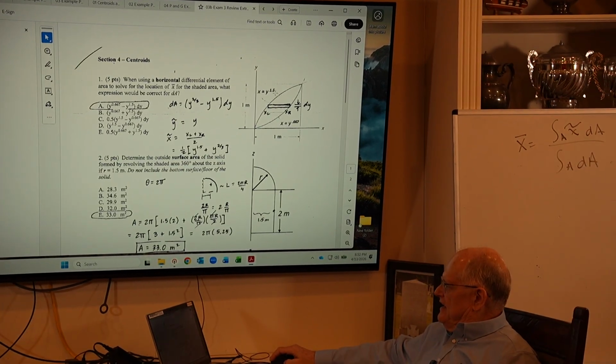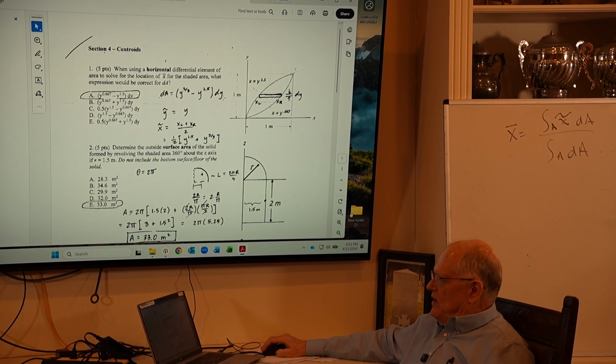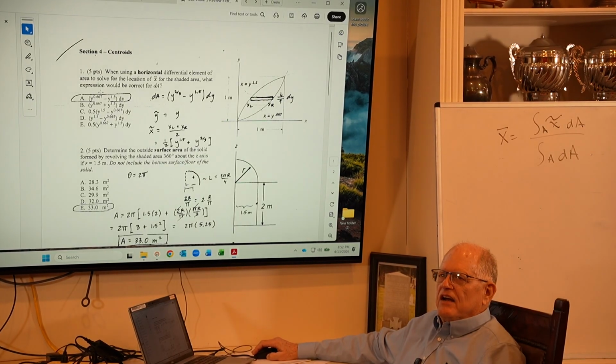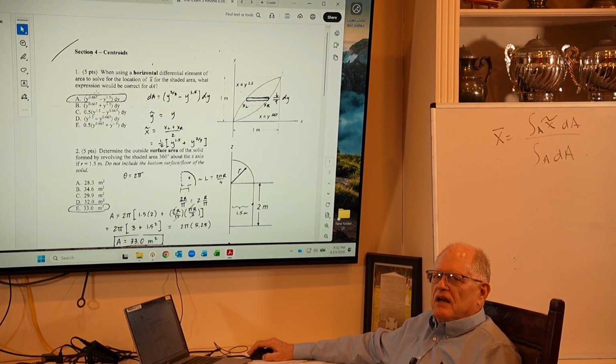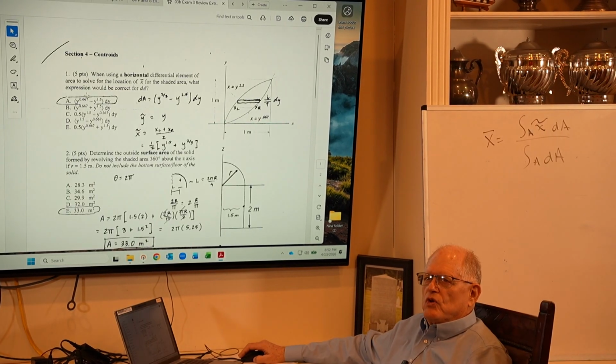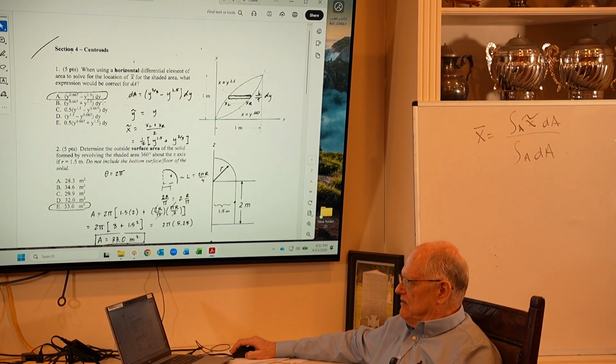And so the dA is x right minus x left times the thickness, which is dy. And that's the answer. So all they asked for was dA. That's not uncommon. They also might ask you for just the general setup for the numerator, which would be an x tilde times the dA. And so now you're just picking the one that's correct.